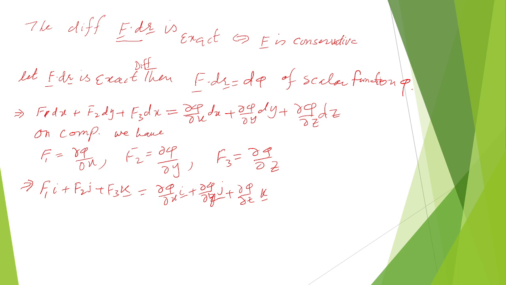Following these three equations, the field is this. So that implies the vector field is equal to gradient of phi.